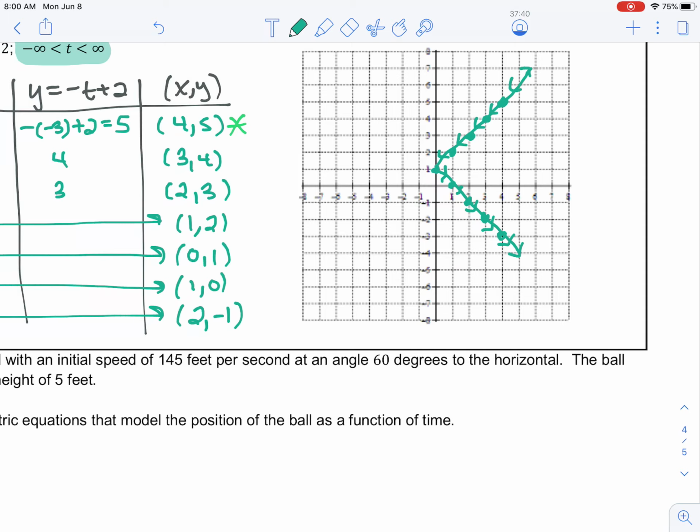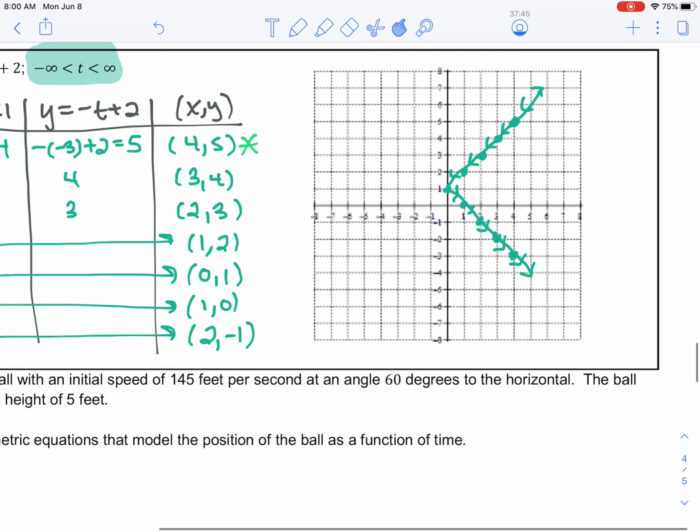One last thing that I want to mention is because we have this infinite bound on t, we'll have a corresponding infinite bound on our graph. So we'll be able to say, hey, we can continue off forever in this direction, right? These points, they'll continue plotting up here, and these points over here will continue plotting in this direction. So it's okay in this case to have arrows at the end of our graph.